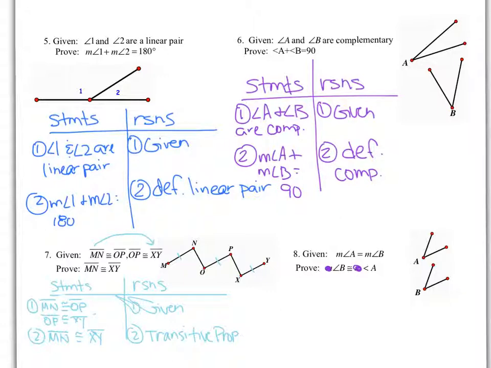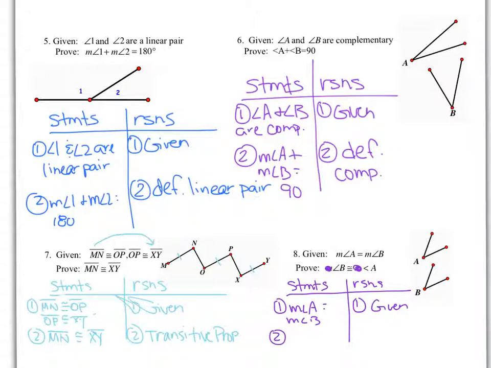We want to say that angle A is congruent to angle B. Okay, so the measure of angle A equals the measure of angle B. And we can say if the measures are equal, the angles are congruent by definition of congruence. And I do sometimes just abbreviate that.